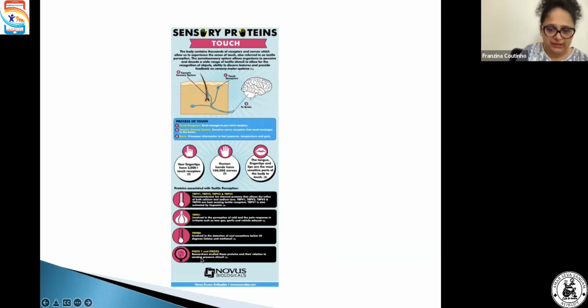So there are different types of receptors, but the bottom line is pain is the first to come back. If you have trauma and your tactile system is affected, like a head injury, pain very often is the first sensation to come back as compared to the others. Okay.